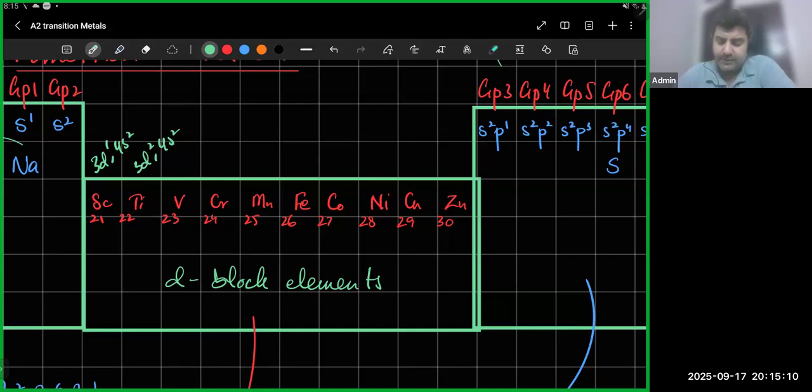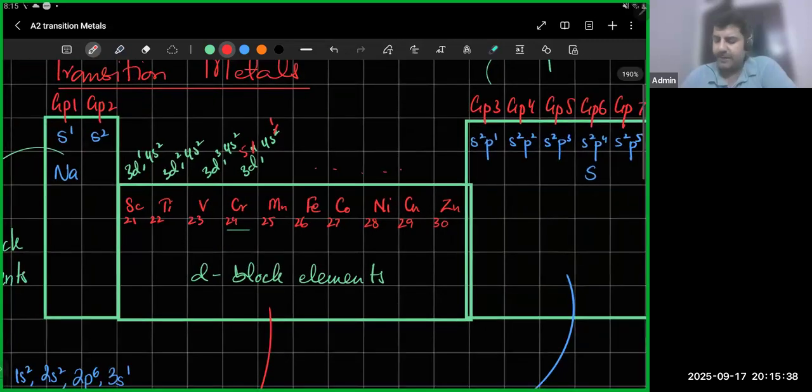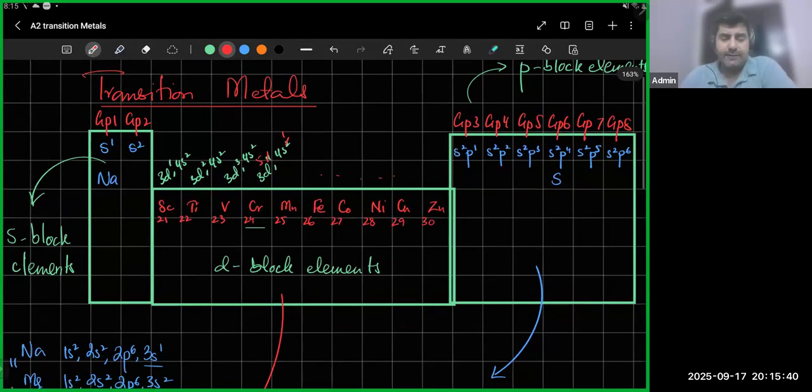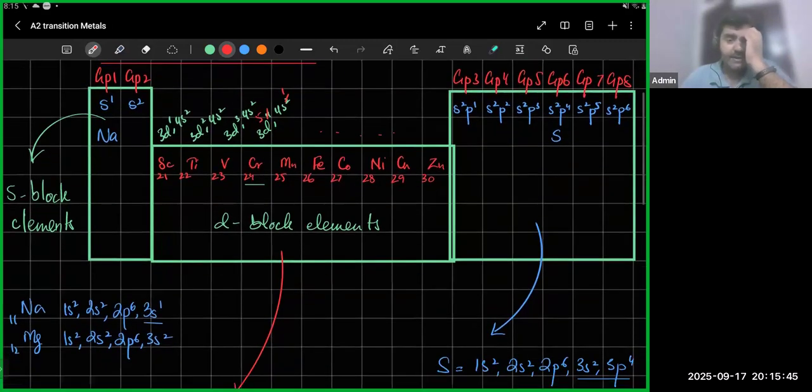You know what the outermost electronic configuration is by just increasing the number of electrons in the D, and always remembering that there are going to be two exceptions, one at chromium and one at the end at copper. Because you have to keep that in mind. You have to have a quick way of knowing what the outer electronic configuration of these atoms or elements is.